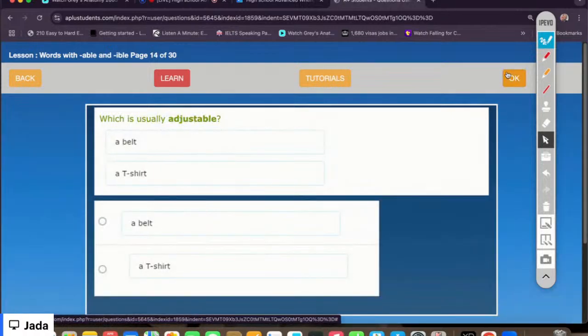So which is usually adjustable, a belt or t-shirt?